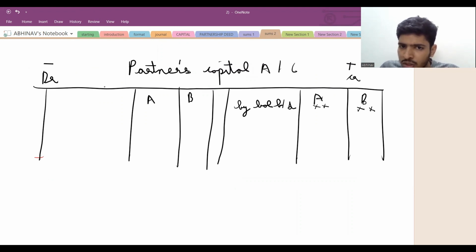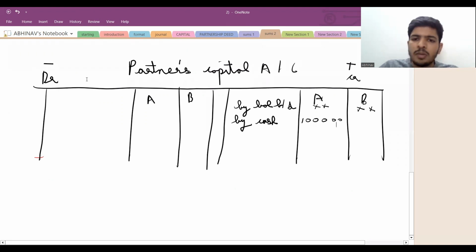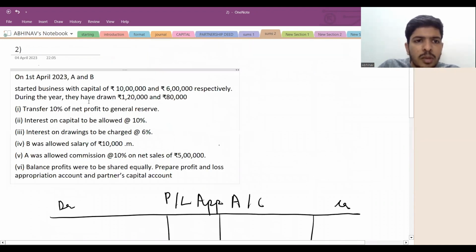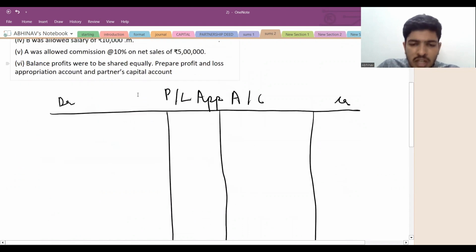If they started this year, they would have brought cash or bank. Always assume that. So how much did they bring in? A brought in 10 lakh, and B brought in 6 lakh.